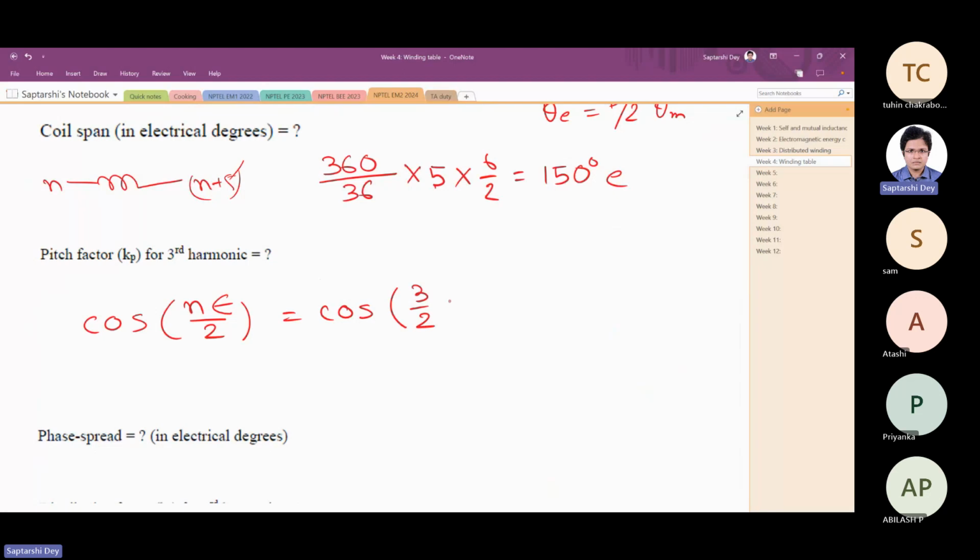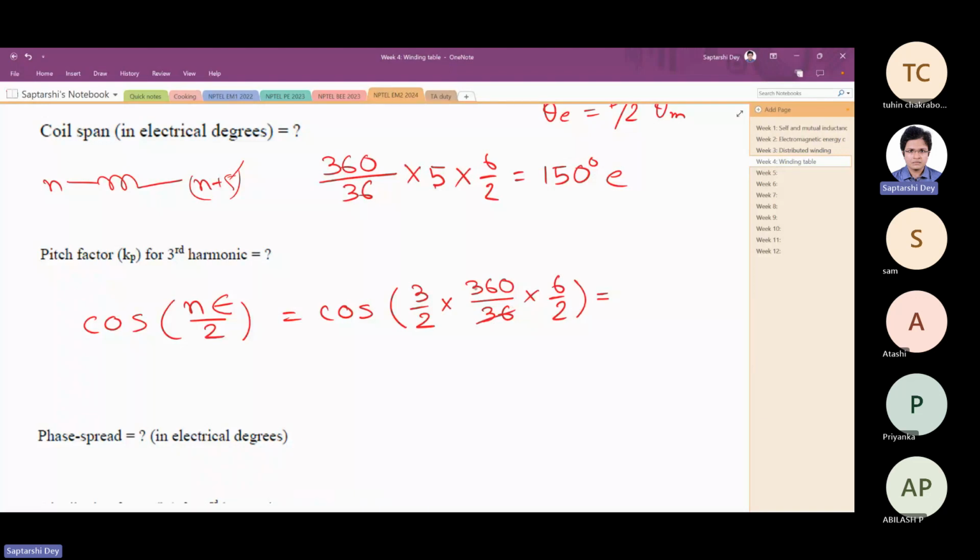Short chording angle in this case is 1 slot. So 360 degrees by 36 times 6 by 2 to make it electrical. Can you find out what it should be?